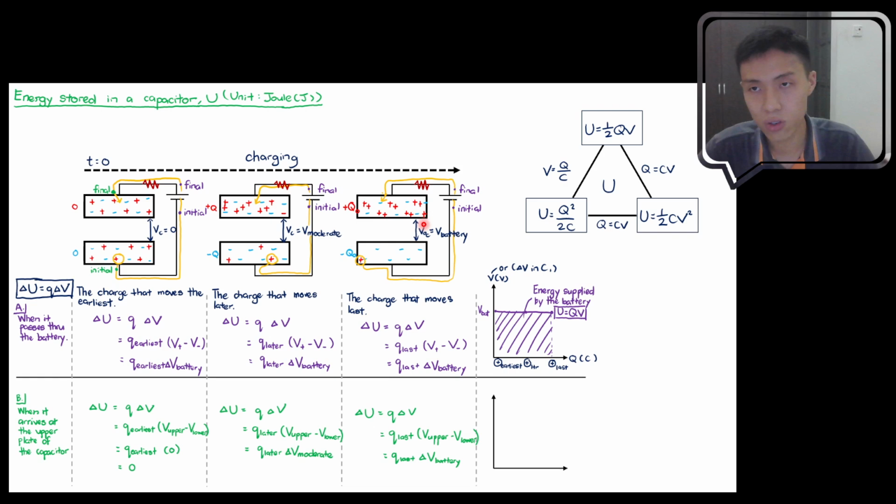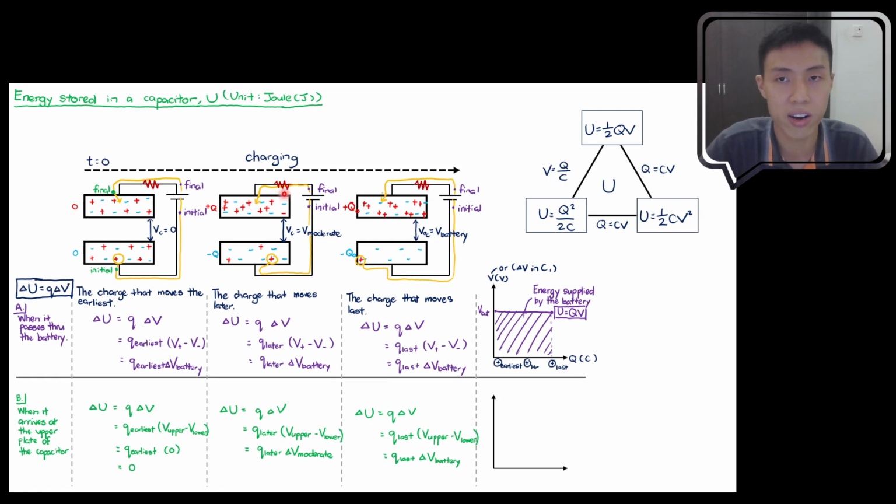To slightly summarize, initially the first charge moves through and gains energy from the battery, but all of the energy will be given to the resistor. None will enter the capacitor, so as you move through the capacitor, delta U is equal to 0. But as you slowly charge the capacitor up, there will be energy being directed to the capacitor.